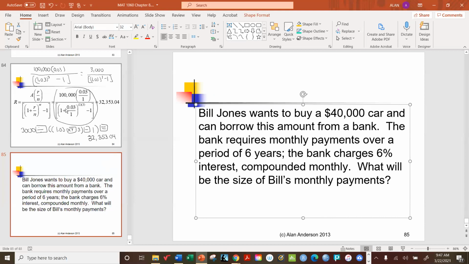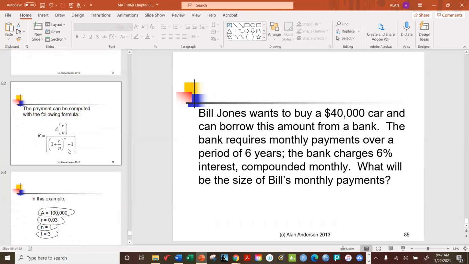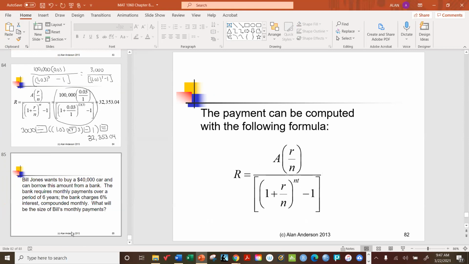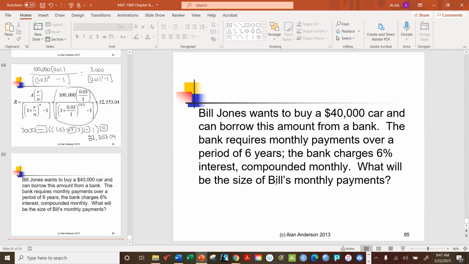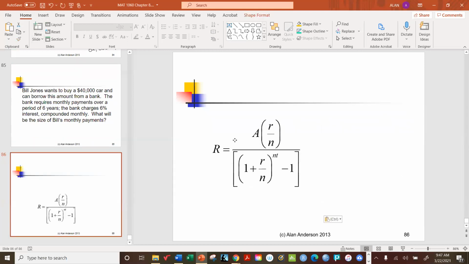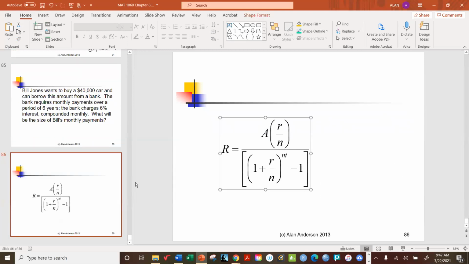So if you look at this formula, let me grab a copy of the formula. We know that A is 40,000 because this is the amount he's borrowing. In other words, that's the $40,000.